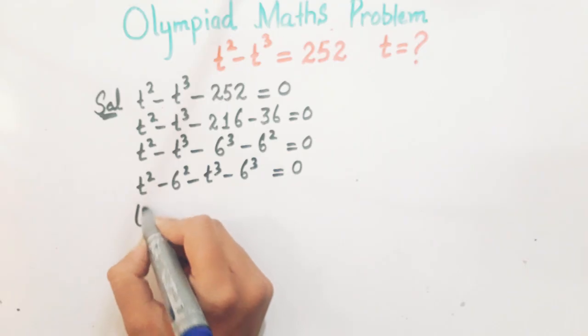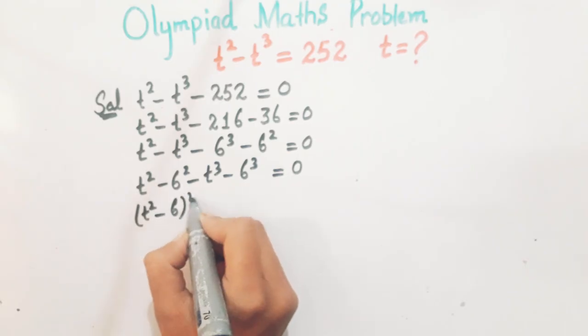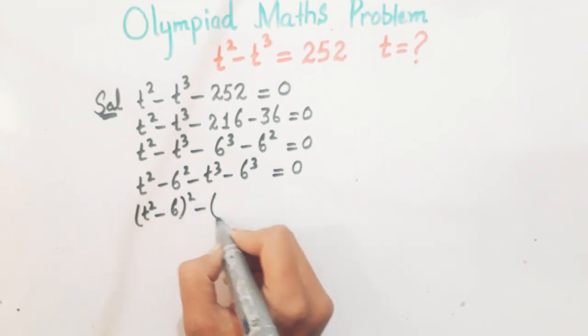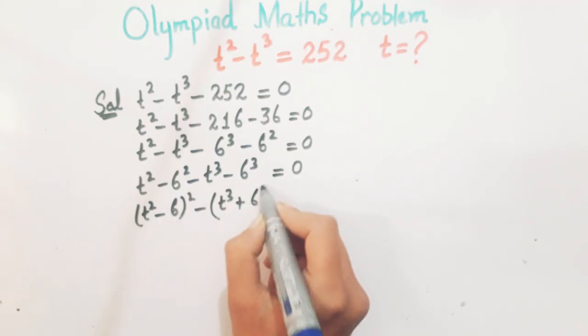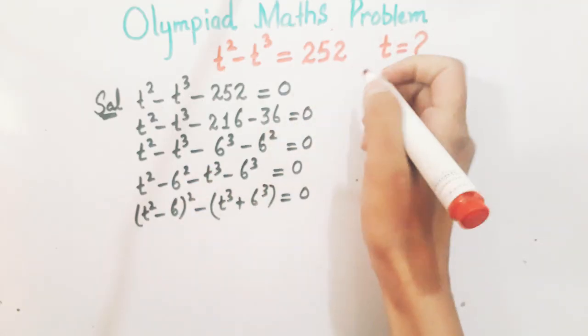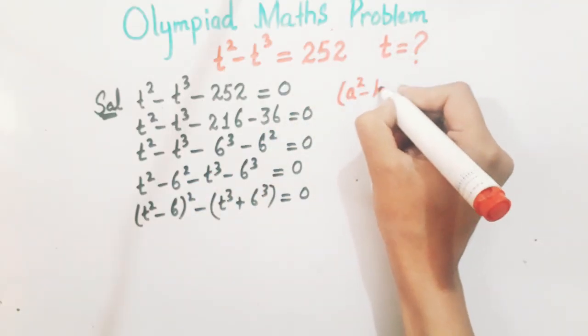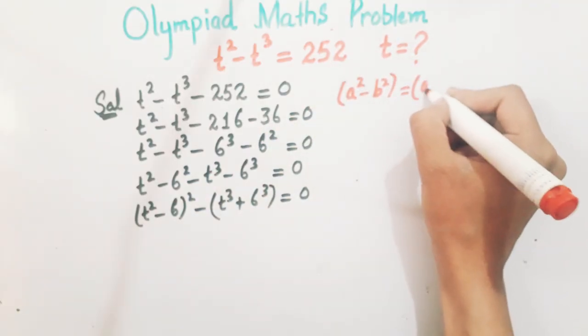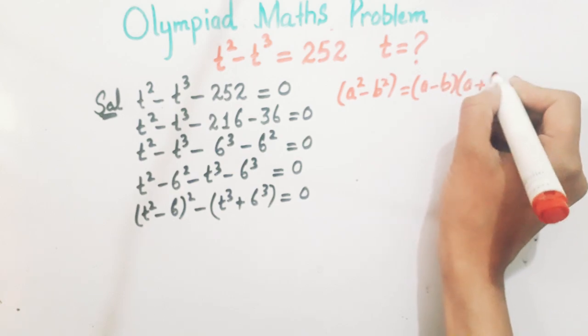Now we will write this as t square minus 6 square minus (t cube plus 6 cube) equals 0. Here we will apply the formula of a square minus b square, that equals a minus b into a plus b.